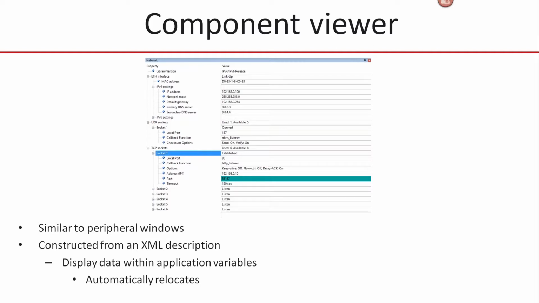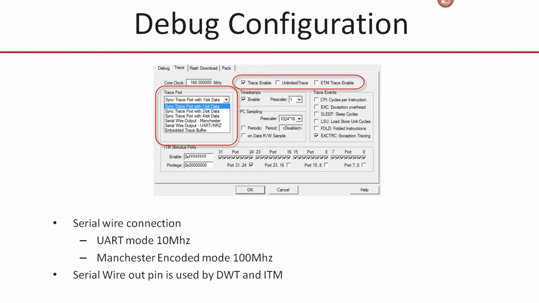Now, to set up the more advanced debug connection, we go back into the debug menu and then enable the trace features at the top. And on the trace port, it's important to note that there are two communications methods of connecting to the Cortex processor. There's the serial via UART mode, and this has a maximum communication speed of 10 megahertz.